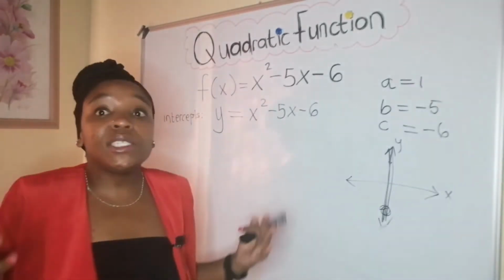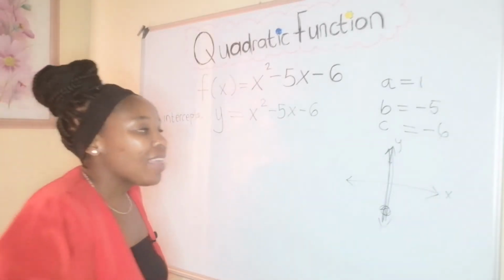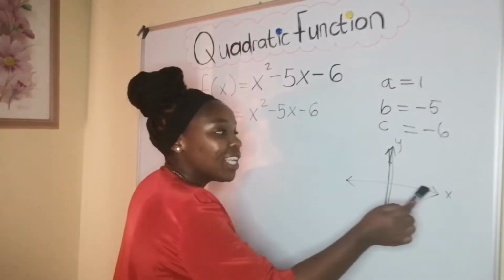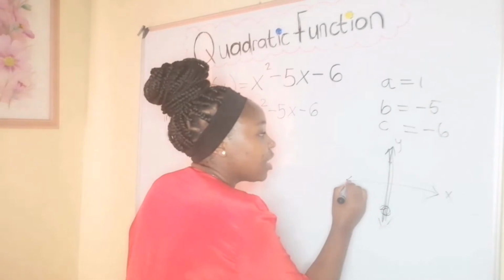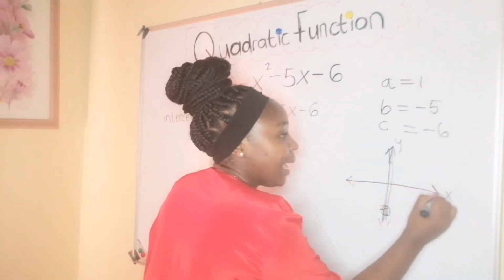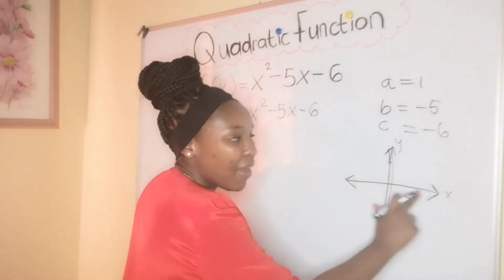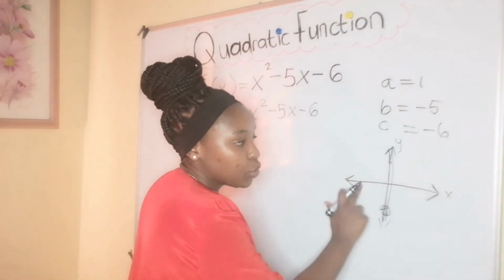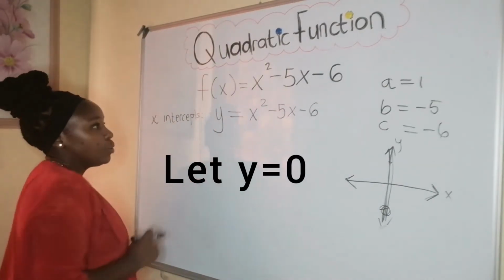So now that we've calculated our y-intercept of this quadratic function, we need to get the x-intercept, right? So what do I mean by the x-intercept? The x-intercept is where the quadratic function is going to cut our x-axis, right? So to get the value of our x-intercept, what do we need to do? We need to let y equal to 0.